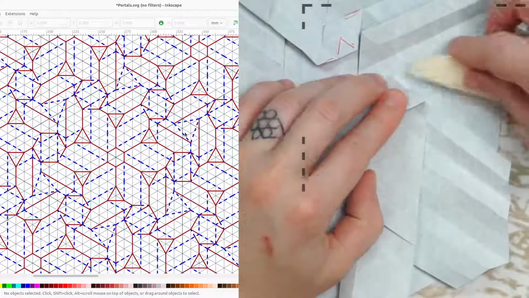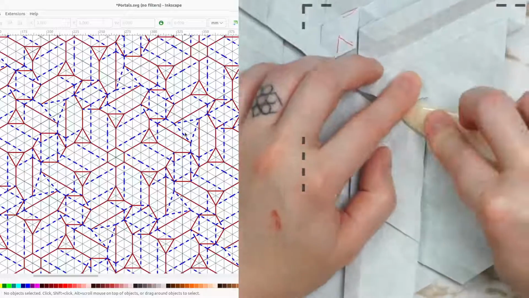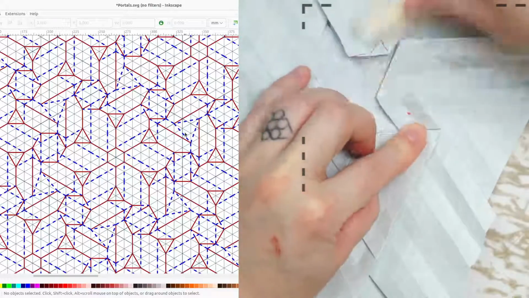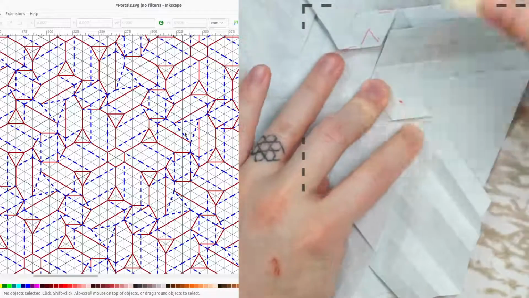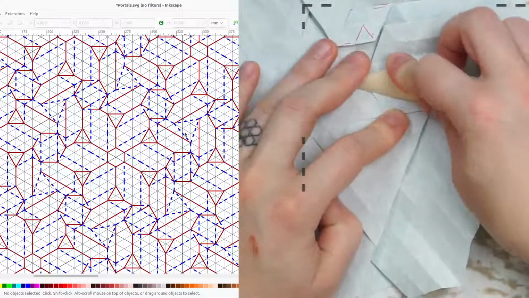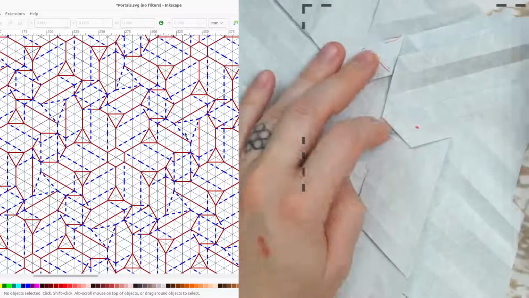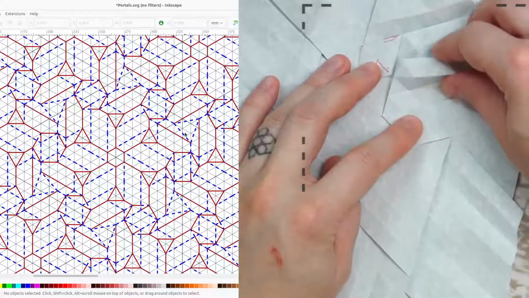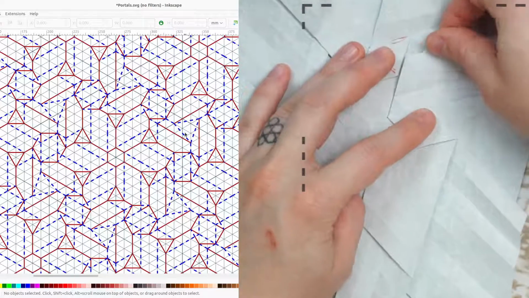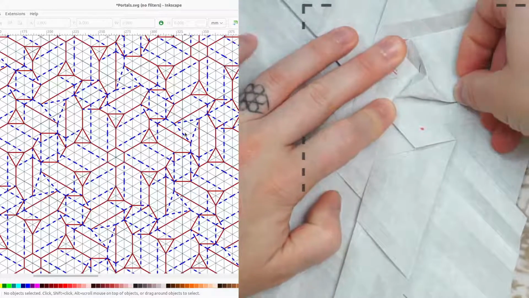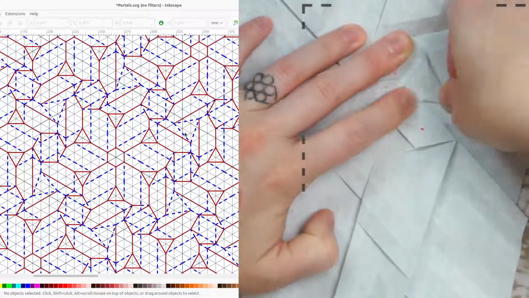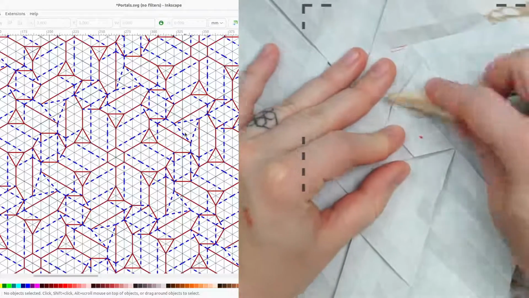And squash this twist. And I may as well at this point go ahead and turn this 3-way intersection into an open triangle twist and squash that as well.